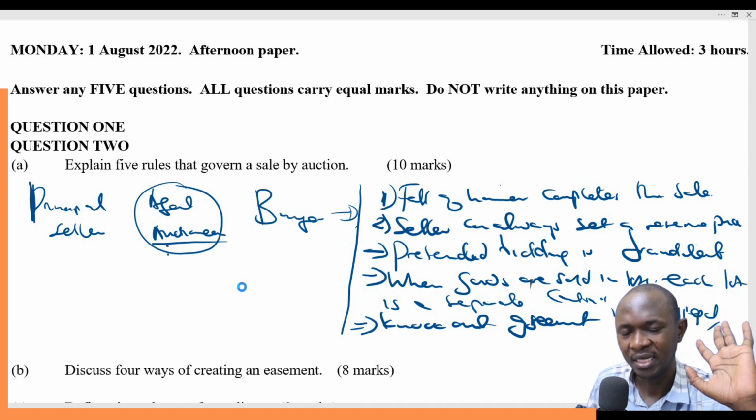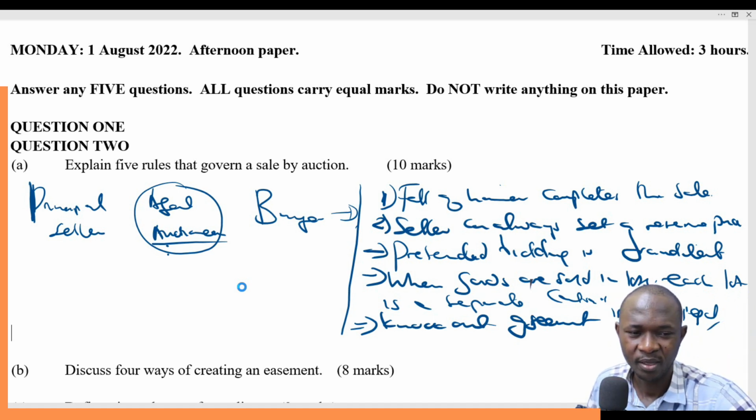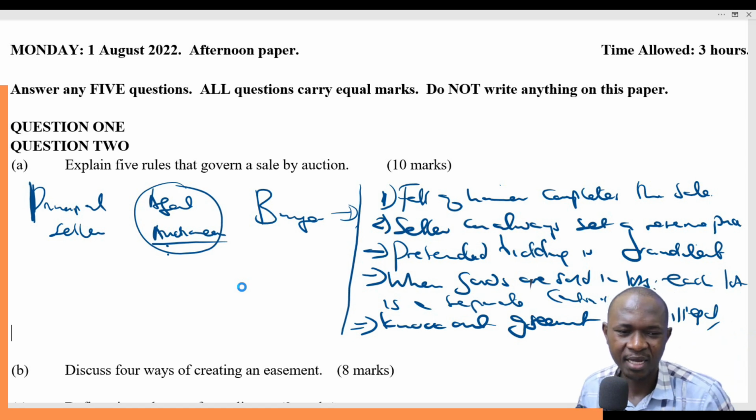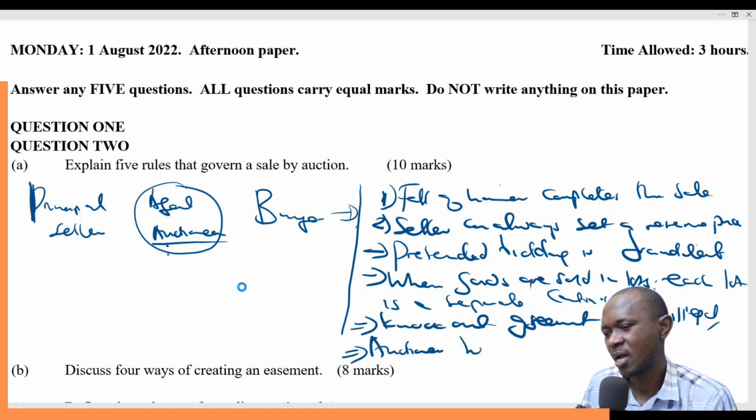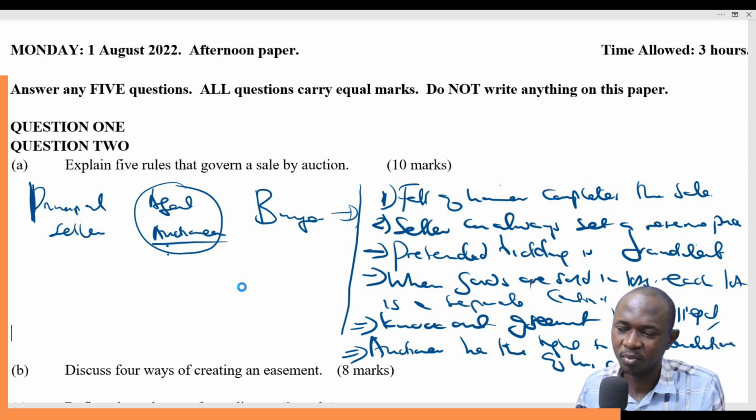The other one is that the auctioneer has the right to put conditions of his choice. So yes, he can come up with conditions. He has a right reserved to him. The other thing is that the seller can reserve the right to bid.